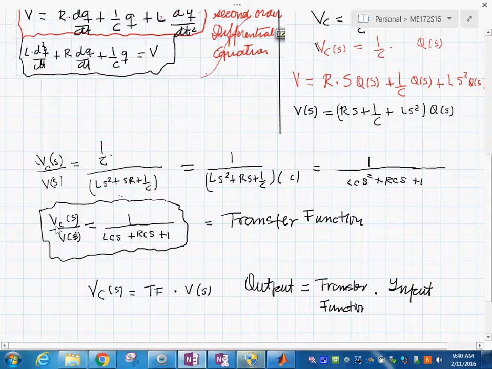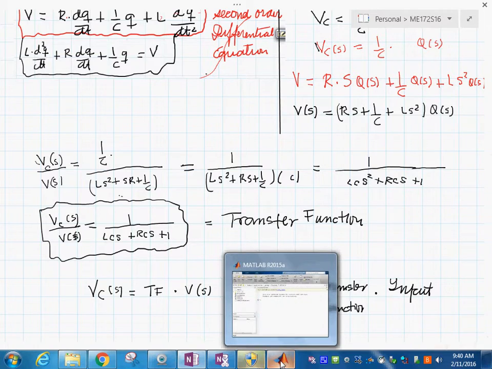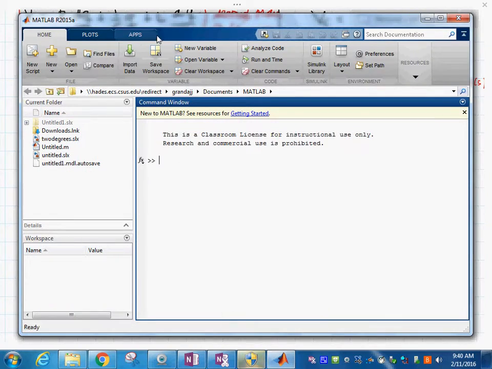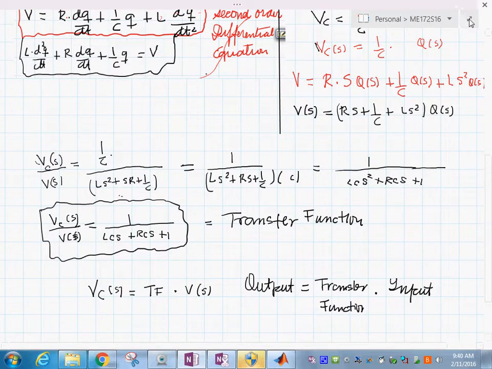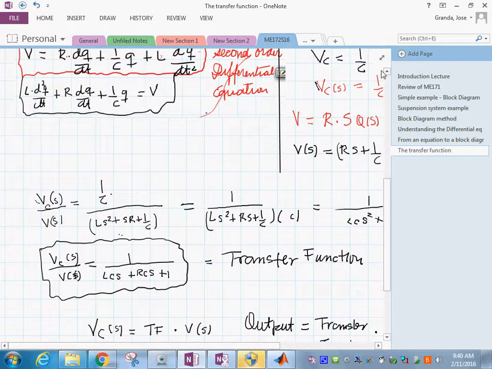So we would like to enter it into MATLAB. We could reduce this window to the point that we only see the transfer function that we need. There we go.